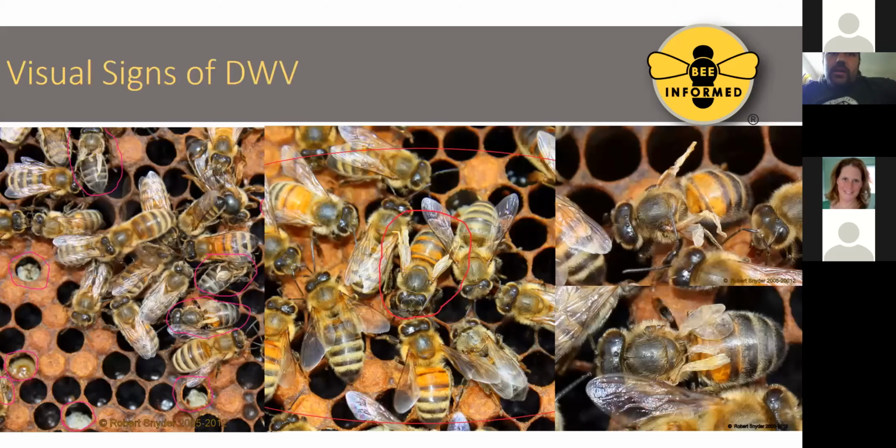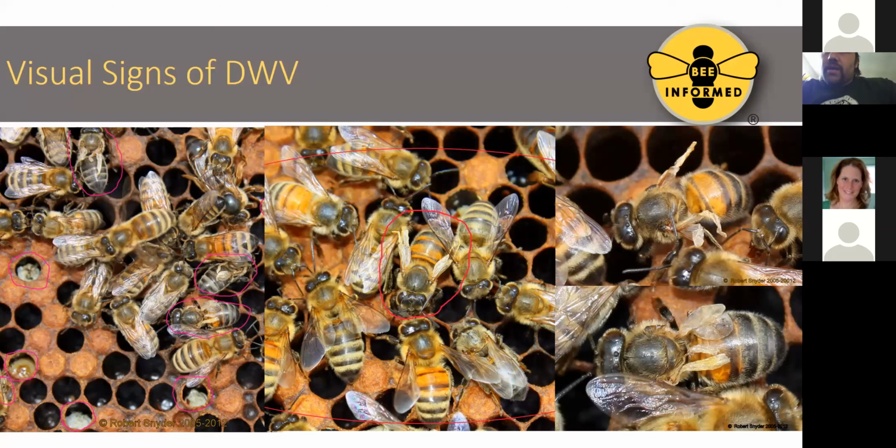So the most common visual virus symptom is deformed wing virus, and here you could see the bees circled in red or pink or purple, whatever color you see there. You'll see those bees with the deformed wing, and in the picture on the left there's some of the brood circled.